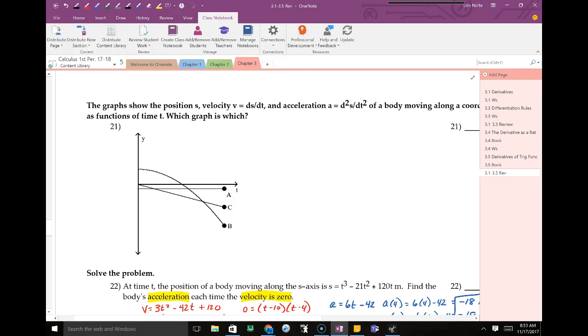Of these 3 lines, the only one that looks to have a flat curve is this B curve. Right here at the very top, that has a slope of 0. So that tells me that the next function, the derivative of that, has to exist right at 0. The only one that shows that is line C.